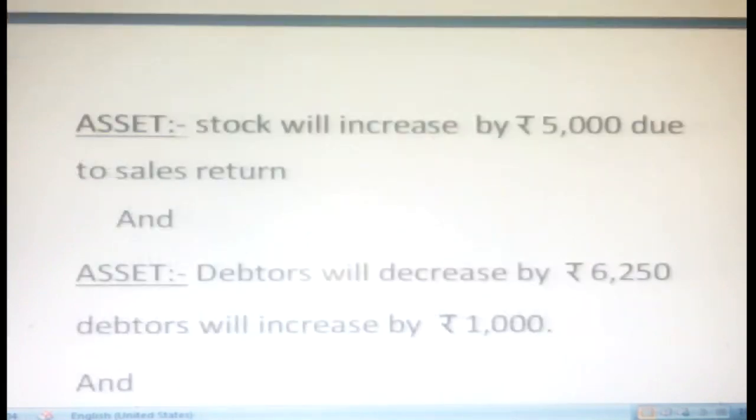Thereafter our debtors, the second one also asset, will decrease by 6,250, because we sold for 6,250 and now we return back. Naturally debtors will decrease by 6,250.